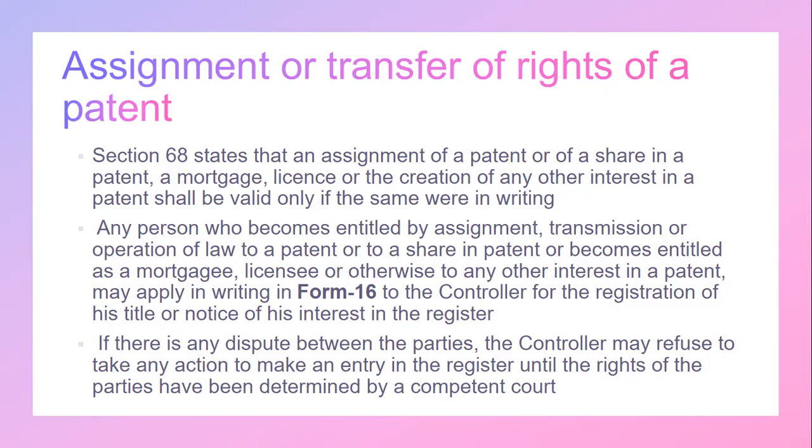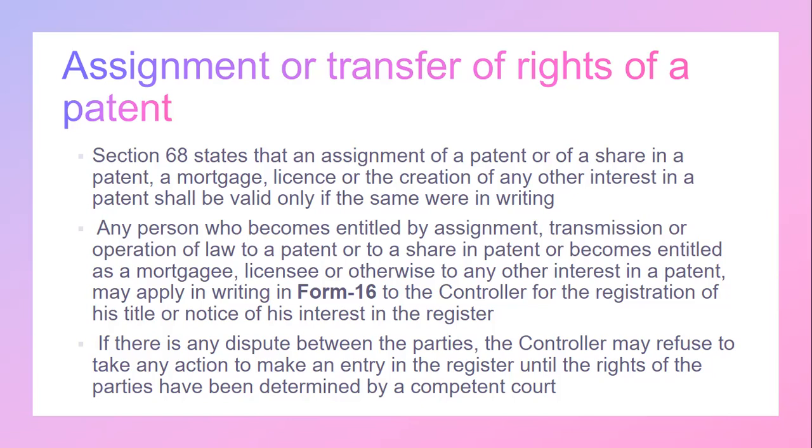Any person who becomes entitled by assignment, transmission, or operation of law to a patent or to a share in a patent, or becomes entitled as a mortgagee, licensee, or otherwise to any other interest in a patent, may apply in Form 16 to the controller. I'll give you an example. Let's say I had a client, and that client was a big company, and they were acquiring a startup. Because they were acquiring that startup, they had taken all the intellectual property as well. And in that intellectual property, they had a patent.